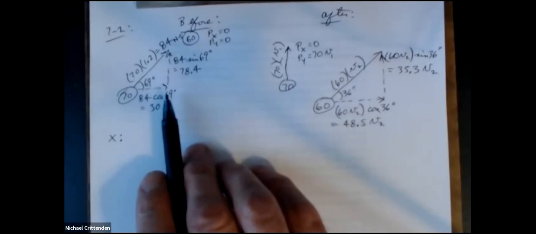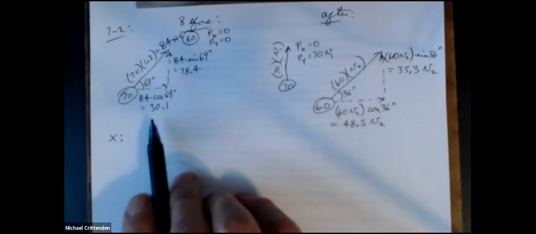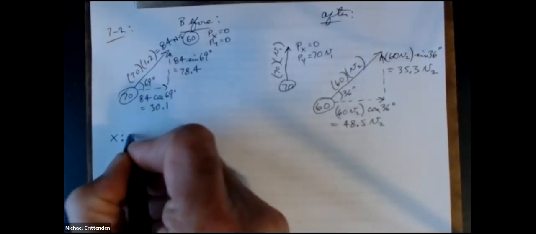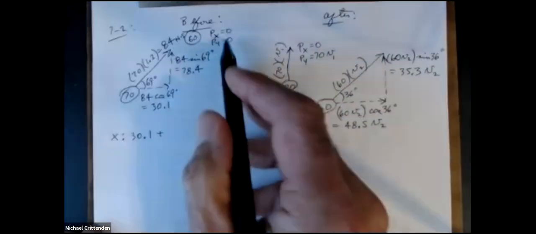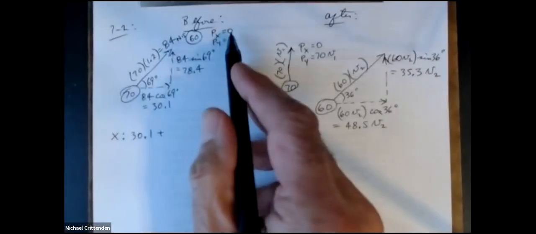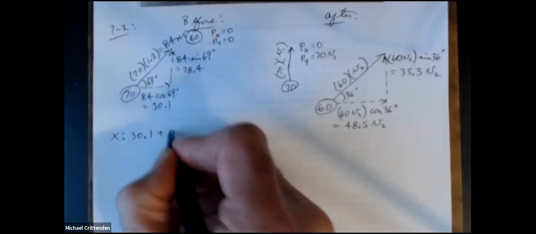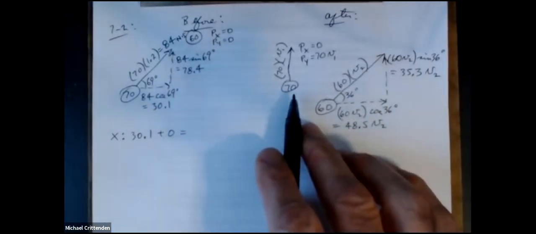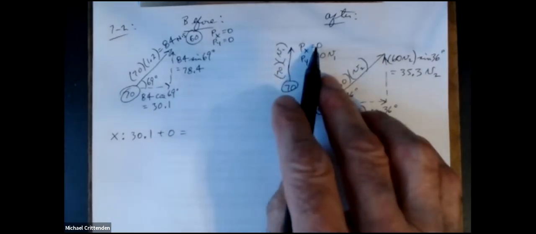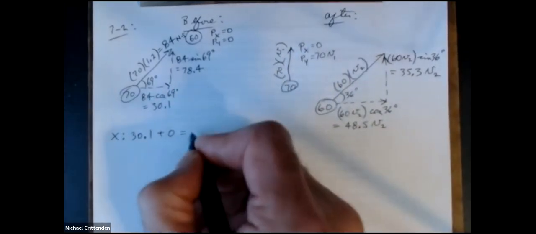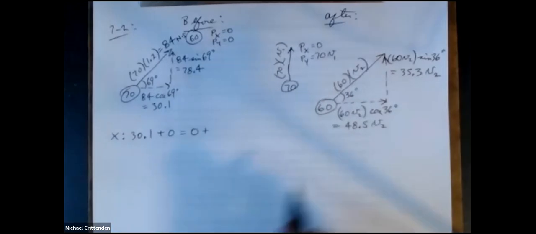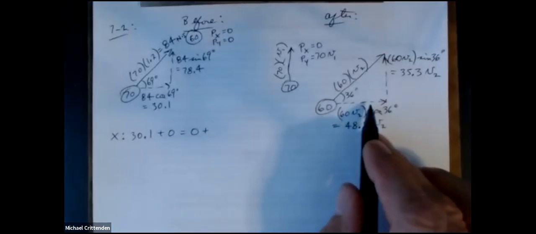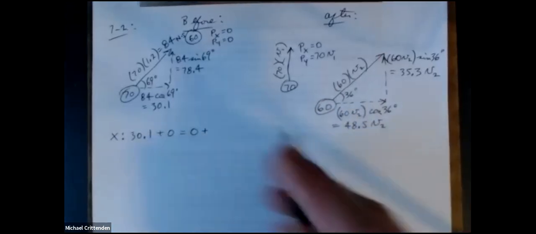To the left of the equals, before, we've got a horizontal arrow with a 30.1 written next to it. And the momentum for the other astronaut is none at all. Over here, no x momentum for this person. Horizontal arrow with 48.5.